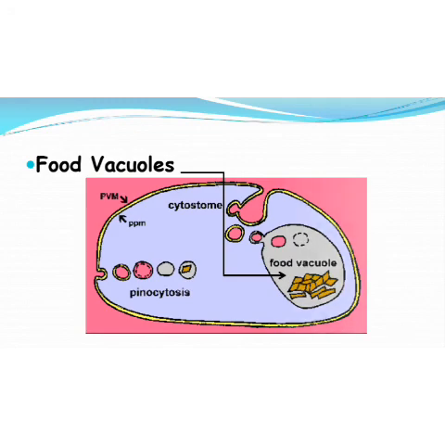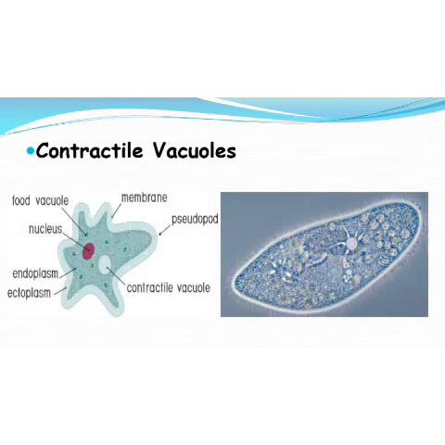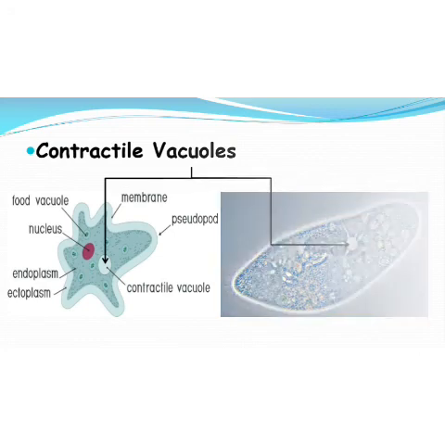The next slide is on contractile vacuoles. I have already discussed that these are present in unicellular freshwater organisms like amoeba and paramecium. You can see these structures are the contractile vacuoles. The arrow depicts clearly the contractile vacuole, right?